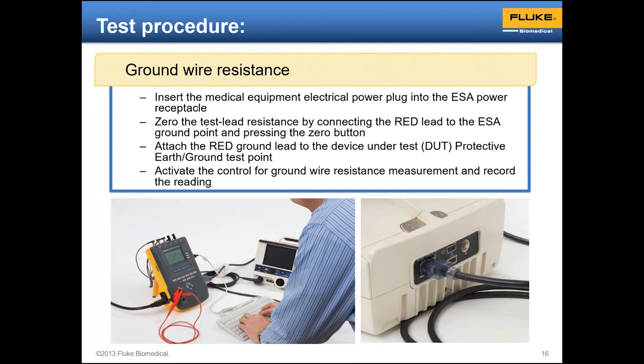Typically it's on the back, but not always. So you'll find where that accessible ground point is, and you'll make your ground wire resistance measurement to that point. So you connect the red test lead to the accessible ground, and then look and see what the resistance displayed on the electrical safety analyzer is.